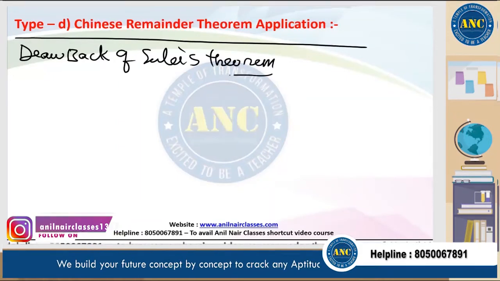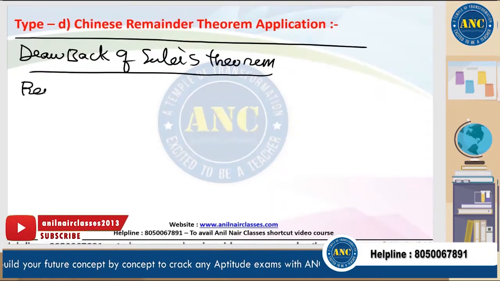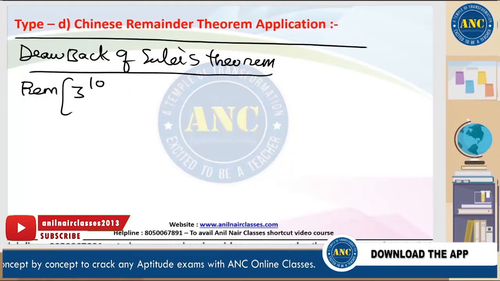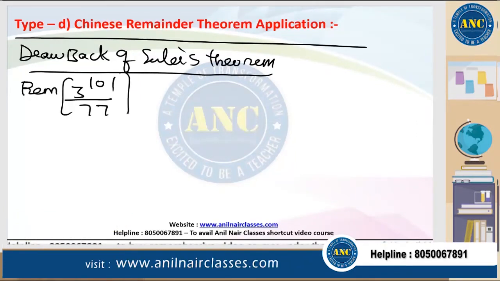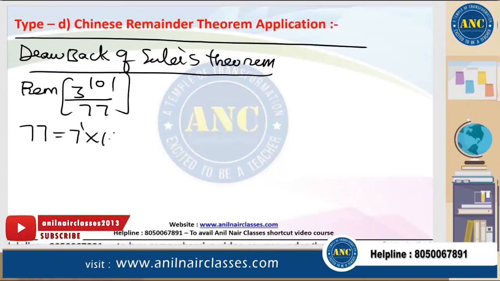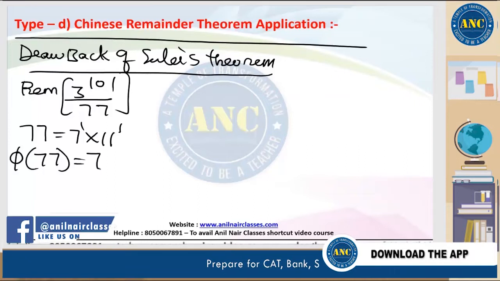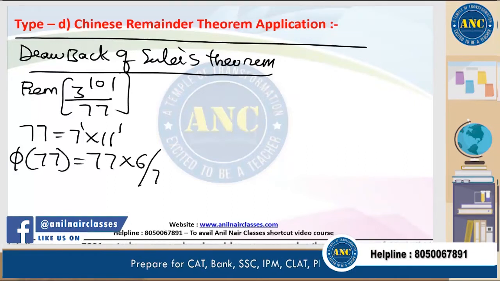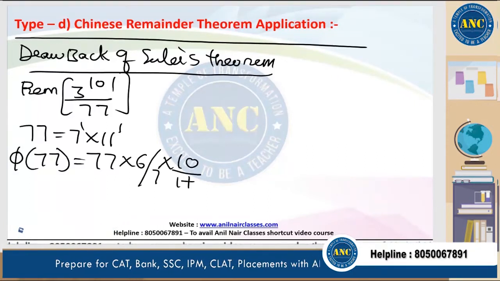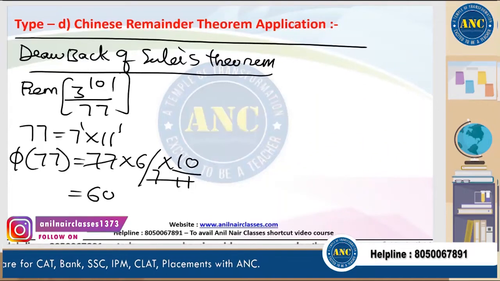Suppose, for example, I take a question: remainder of 3 power 101 divided by 77. 77 is 7 into 11. So phi of 77 will be 77 into 6 by 7 into 10 by 11. Cancels out, 60.